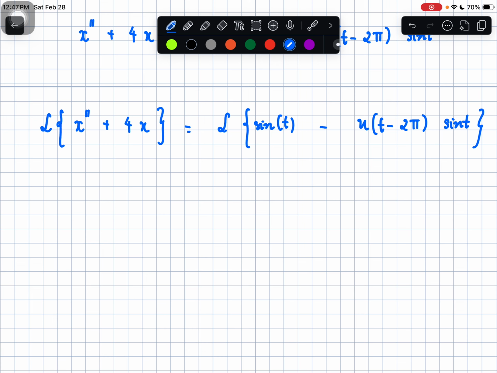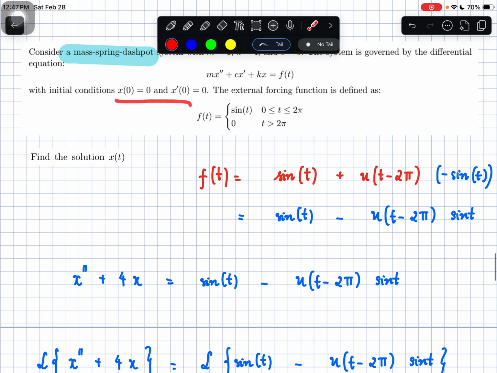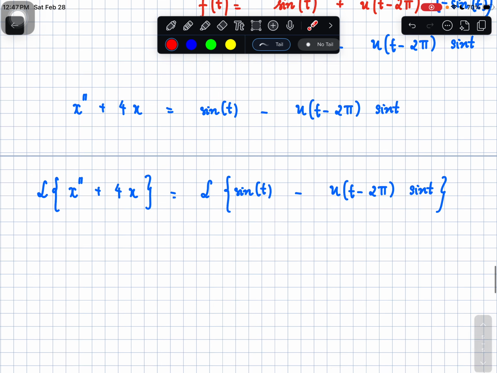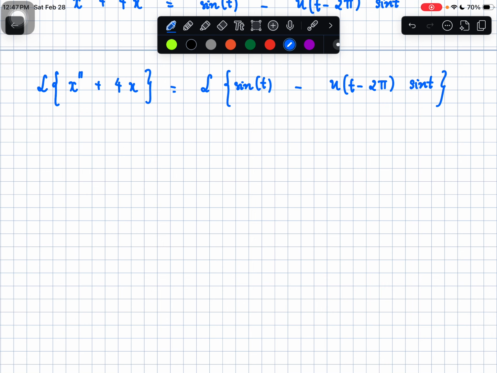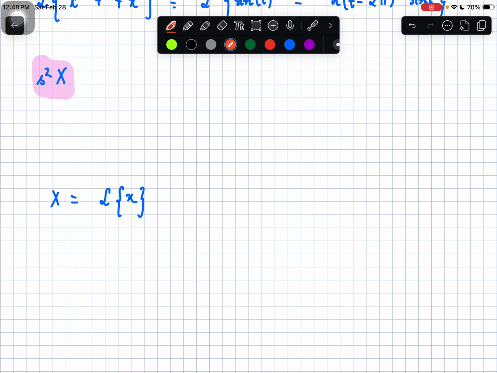Laplace transform of x double prime. In this case, it is so easy for us because the initial conditions, this one and this one, are both 0. So the Laplace transform of x double prime gives us s squared times big X. Here big X I use for the Laplace transform of small x. In general, we have the Laplace transform of x double prime equal to s squared times big X minus s times small x at 0 minus x prime at 0.